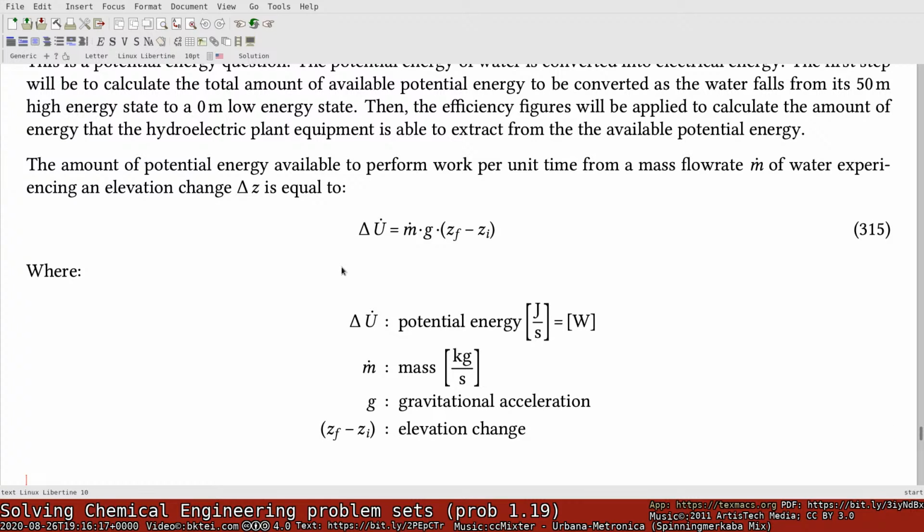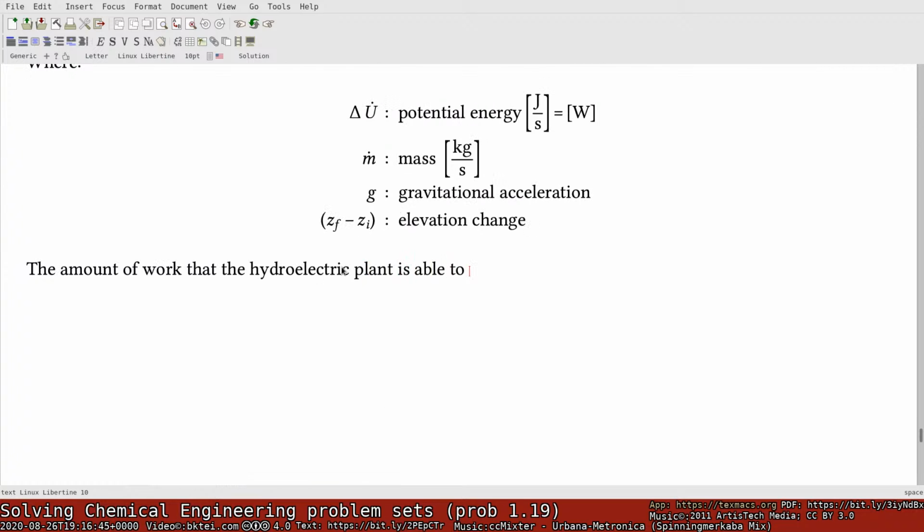Then let's see. So we're given an amount of work to perform and some efficiency figures. So let's do an equation for work. The amount of work that the hydroelectric plant is able to have the water perform.